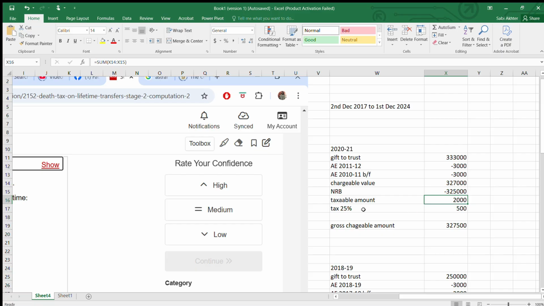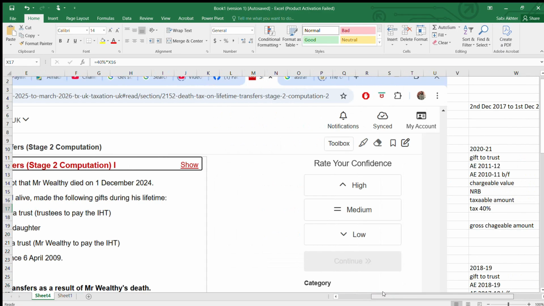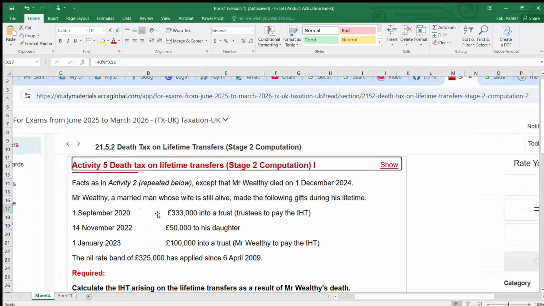And when you take the tax, remember here it was 25%, but now it's a death tax, so the tax rate will be 40%. So just change the percentage to 40. So now the tax becomes 800. And from here you have to see whether you can deduct any taper relief or not in this case. Look at the date.